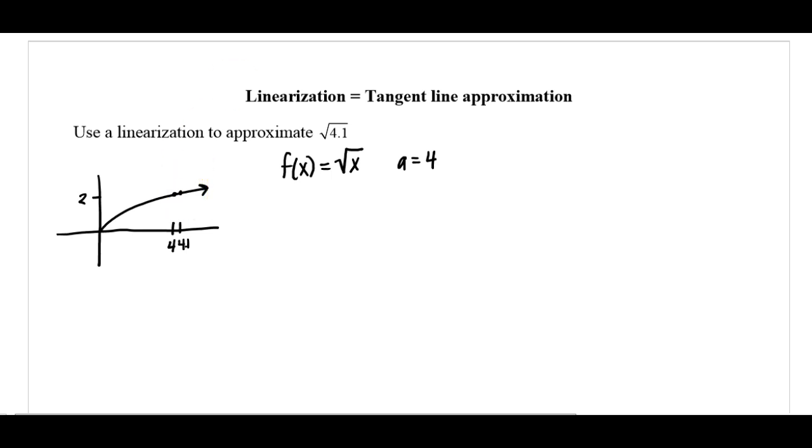But lines, again, are nice functions. So what we've been able to do is find a tangent line right at the x value 4 to the curve. If I were to draw that tangent line, it's going to look something like this purple line. And I'm going to be able to easily plug a number like 4.1 into that tangent line.